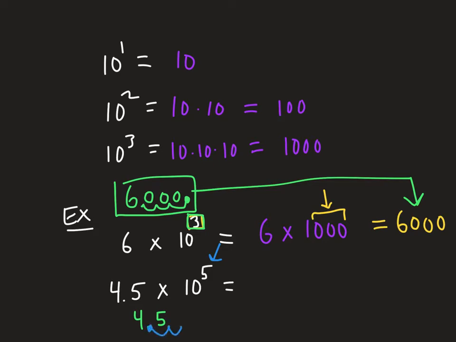So 1, 2, 3, 4, 5, and it would now be here, and we just need to fill in all those placeholders with zeros. So our answer would be 45 with what? 1, 2, 3, 4 zeros? Which would be 450,000. Okay, so let's keep going on that and see if we can keep working with this a little bit more.